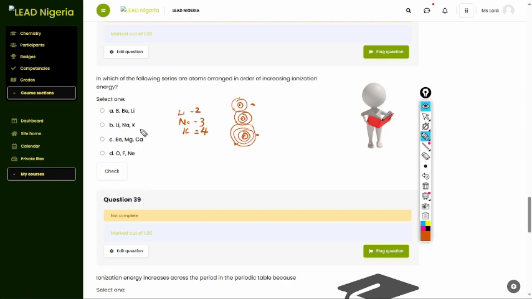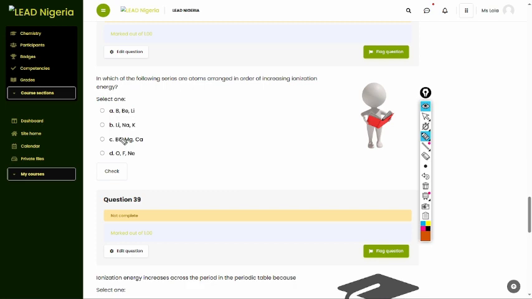So the answer is not B either. If you look at beryllium, magnesium, and calcium, they belong to the same group, group 2. But then they have different periods. And we just said that as you're going down the group, as the number of electrons increases, the distance from the last shell to the nucleus increases, and so there is less attraction, which means the electrons in the outermost shell are loosely bound and can be easily knocked off.